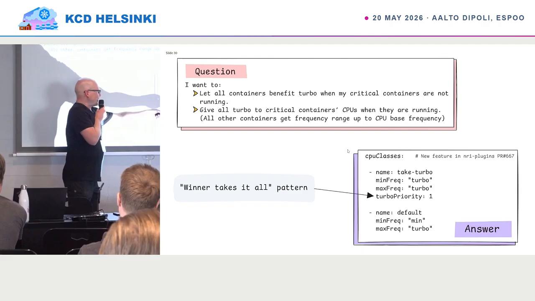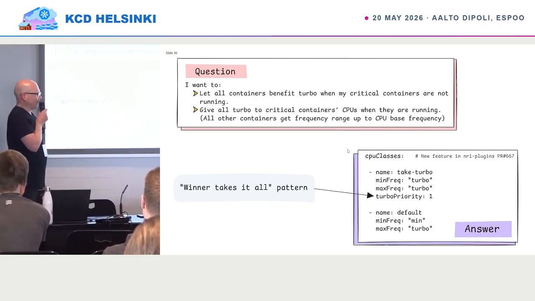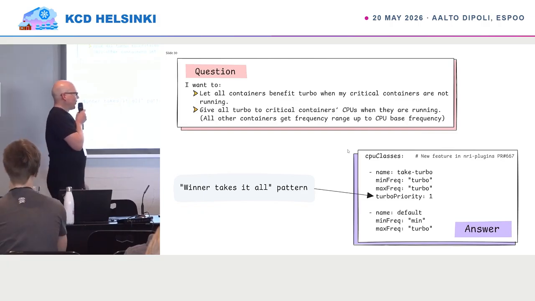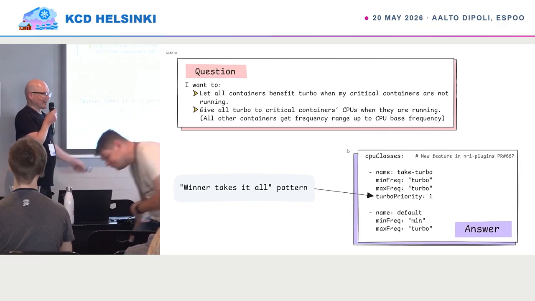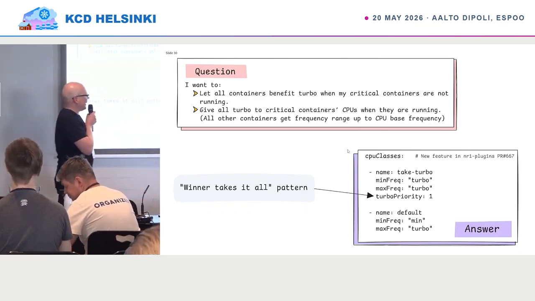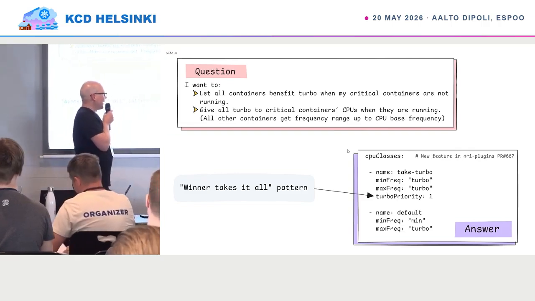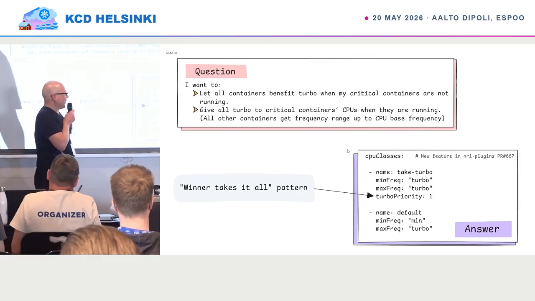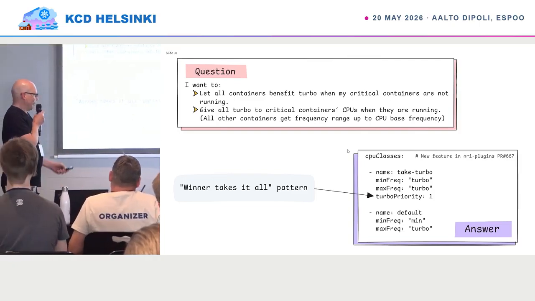And there is an additional field saying that this is turbo priority 1, which means that if there is a balloon with a higher turbo priority than the other balloons, then again, with a winner-takes-it-all pattern, it will get the turbo and other ones won't. And if there are no such balloons that would need this CPU class, then we can run with the default CPU class where we can use turbo given that it is available.